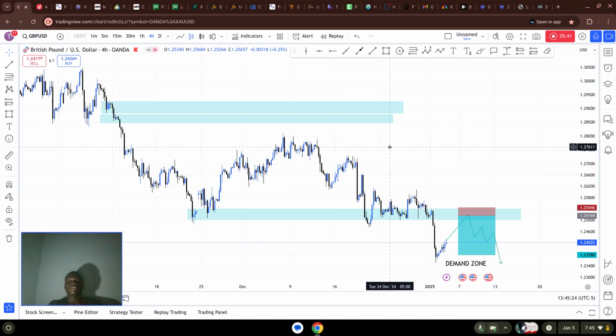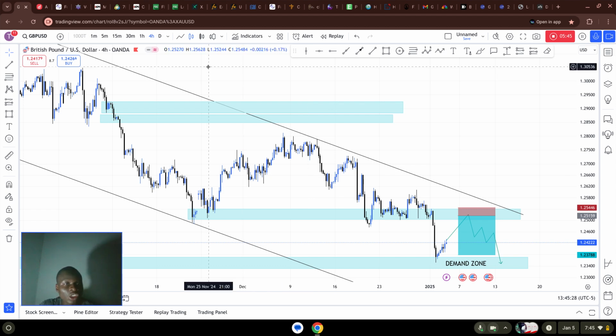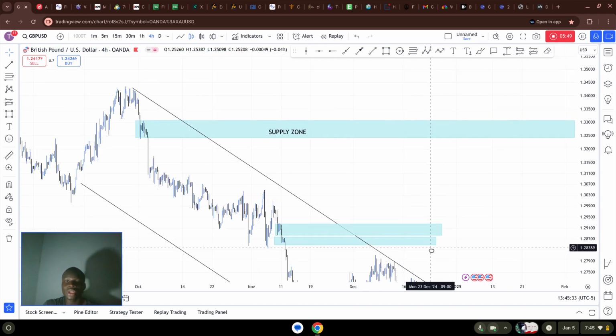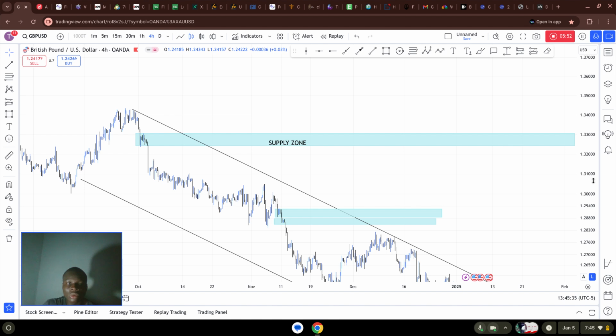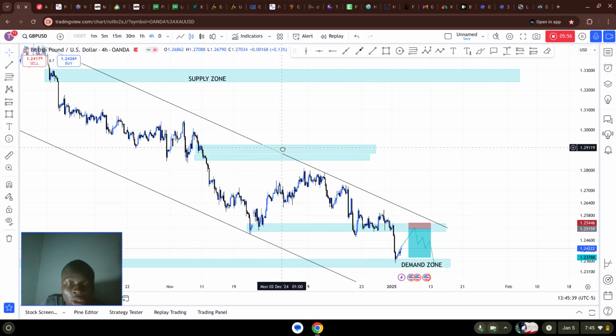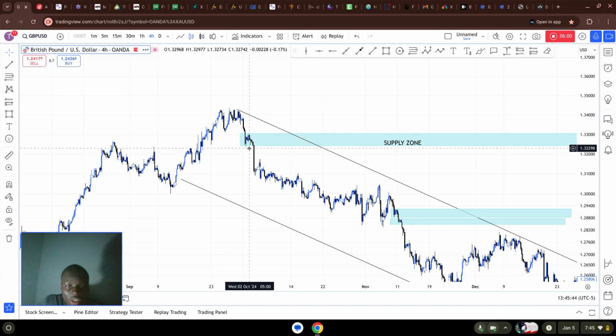Now for GBPUSD, if we check, you can see the market changed: first consolidation, outlier candle breakout. So this is our supply zone.